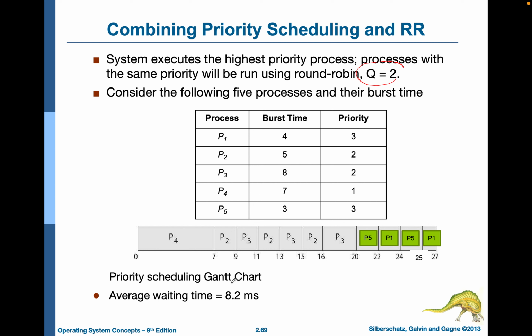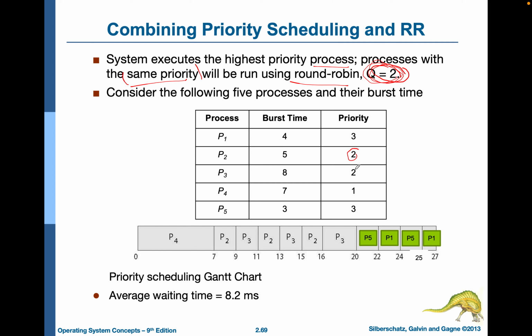So priority Gantt chart. How are you going to do the priority Gantt chart here? Every quantum 2. So the system executes the highest priority process. Processes with the same priority run using round robin and quantum 2. It's mentioned only for the same priority.